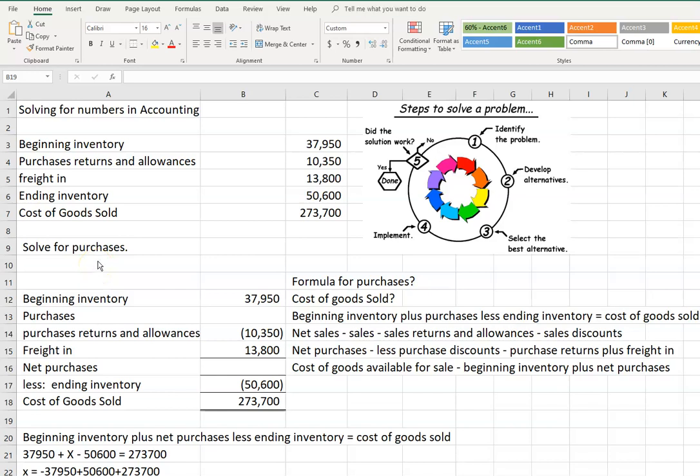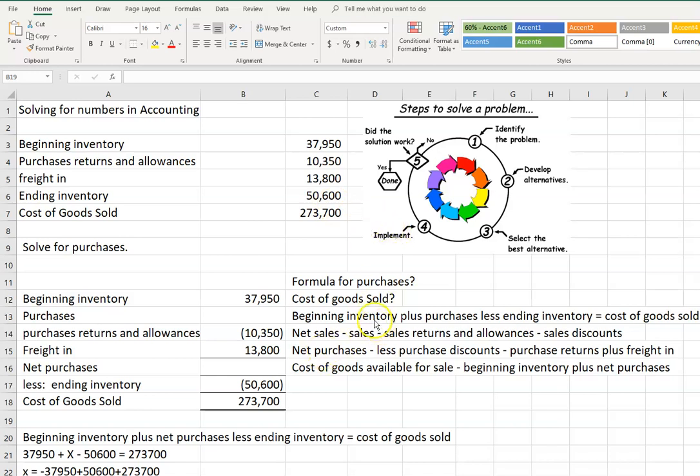So then once we know what the problem is, we want to develop some alternatives. The first thing you'd probably ask yourself is, well, do I have a formula for purchases? And you look back and you think and you say, no, not really. Never seen a formula for purchases. However, I have seen a formula to calculate cost of goods sold, which I'm given here. So you think about your formula to calculate cost of goods sold.